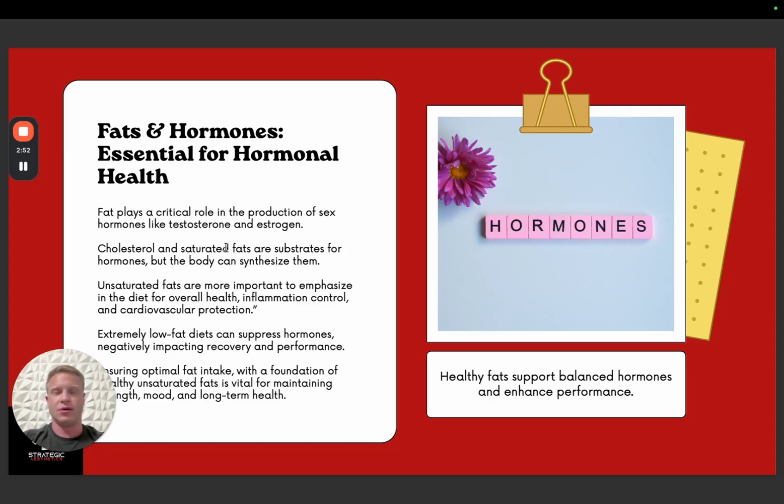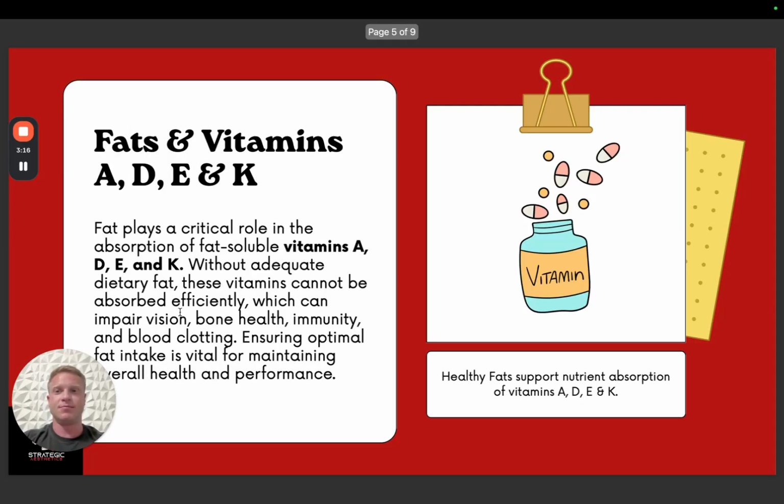But we can create our own cholesterol and our own saturated fat very efficiently, so we don't necessarily need to get that from the diet. So if we go extremely low calorie or extremely low fat, that can lead to hormone suppression. So we need to have some kind of baseline of fat in the diet, making sure that you're getting the essential fatty acids that you need.